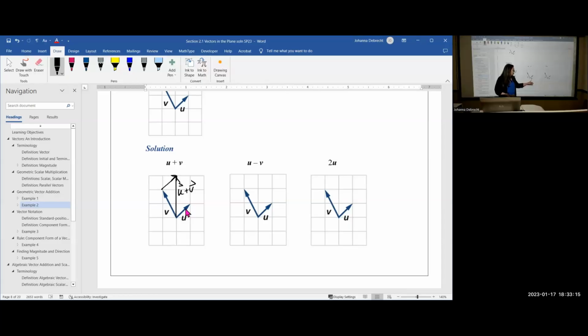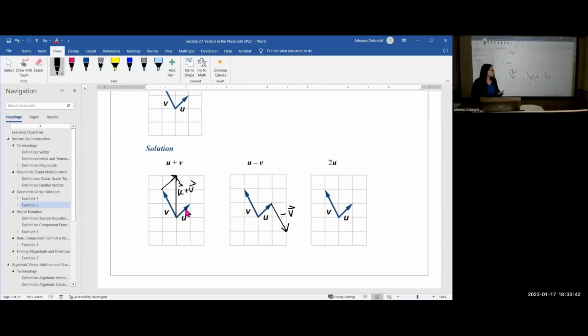Instead of left 1, I go right 1. So I'm going to go down 2, right 1, but from the terminal end of u. So down 2, right 1 puts me right there. And then I'm going to connect. And this right here is negative v. It's not v, it's negative v.